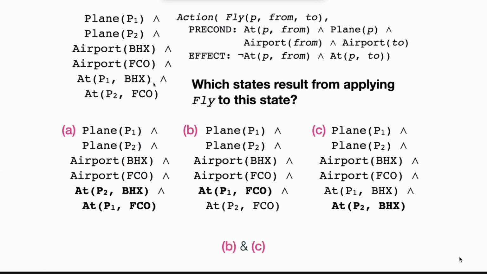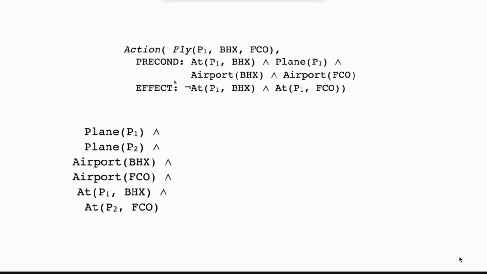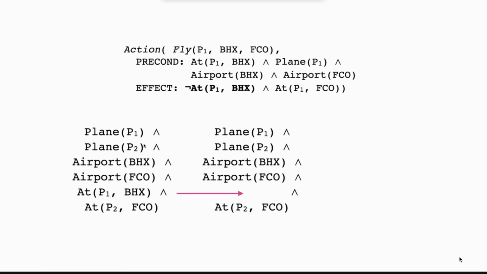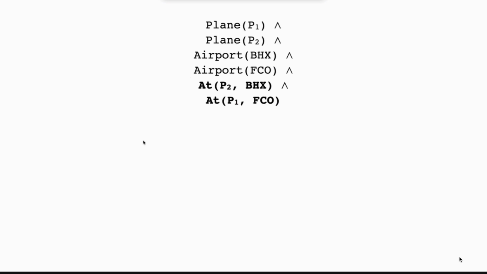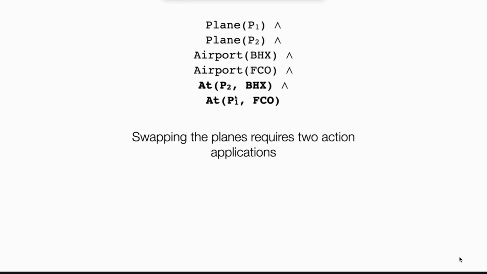The key thing here is we're thinking about one state. If we've got this state, we apply the action, we remove, and then we add. And we can't reach this state because that requires applying the action twice successively. In the question, I was just looking at one action application, and this requires two applications.